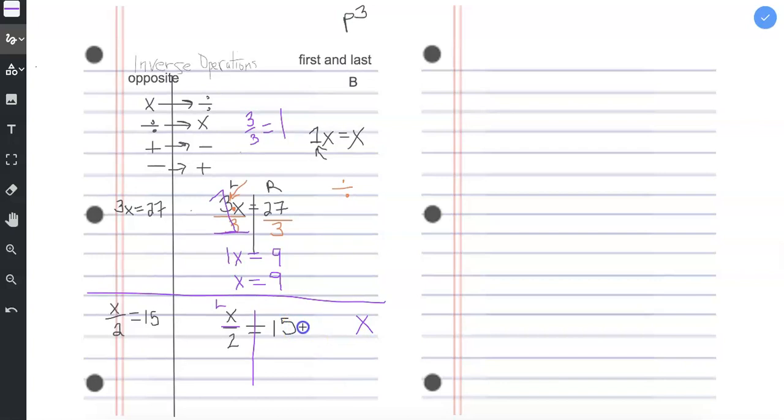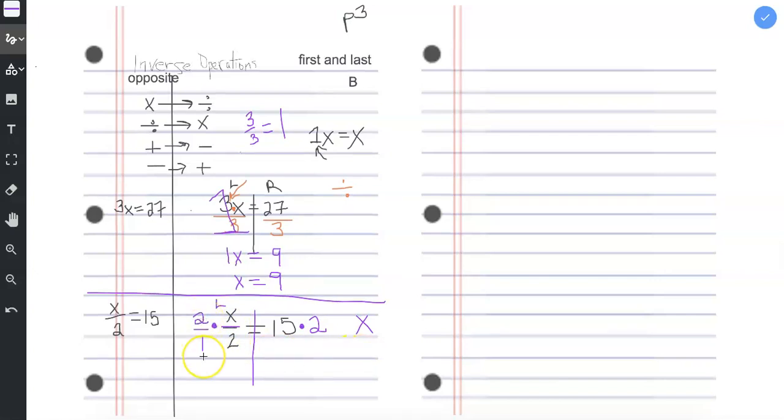So on the right side, it's easy. I show multiplication like this. Oh, and I forgot to address that. We're multiplying by 2 because you're always multiplying or dividing by the number that's keeping the variable from being alone. So that's why we're multiplying by 2. Now, on this side, I also am multiplying by 2, but since I'm multiplying by a fraction, I'm going to put 2 over 1.